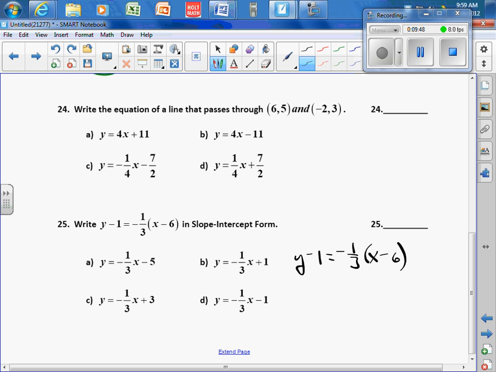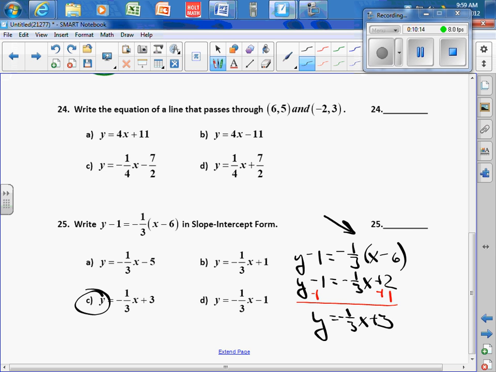We'll get rid of these parentheses first by using the distributive property, and you'll have y minus 1 is equal to negative 1/3 x, and then what? It's negative 1/3 times negative 6, positive 2. At this point, you want to add 1 to both sides. So we end up with the equation y is equal to negative 1/3 x plus 3, which looks like C.